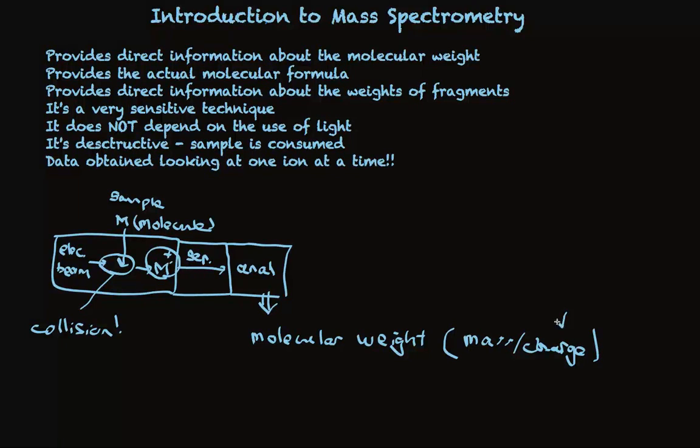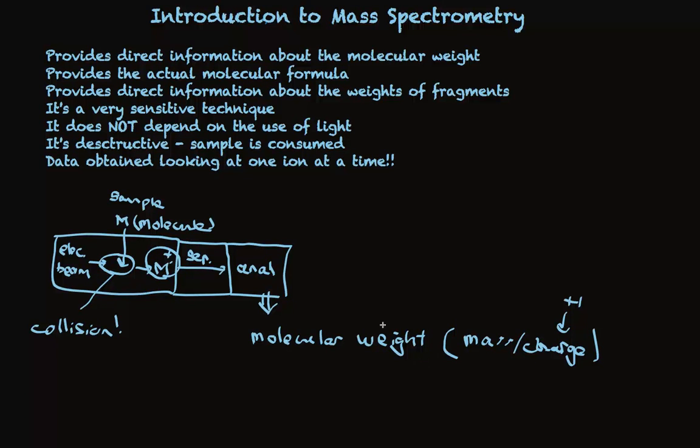But since the charge is +1, what we're reading is a mass divided by 1, which gives us a molecular weight. And if we are using a very sophisticated instrument, in addition to the molecular weight, it gives the actual molecular formula, the composition of each of the various types of atoms in the molecule. Very impressive.